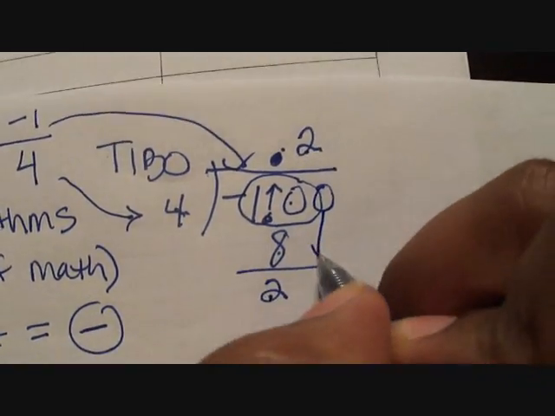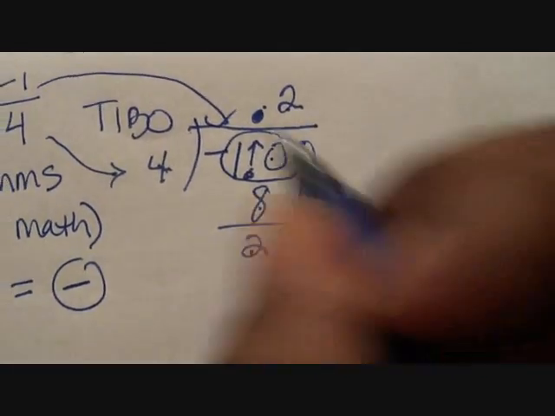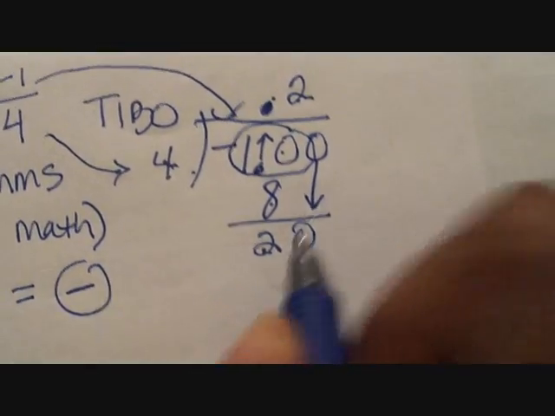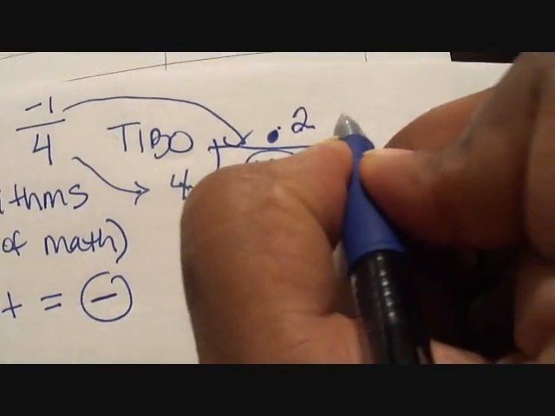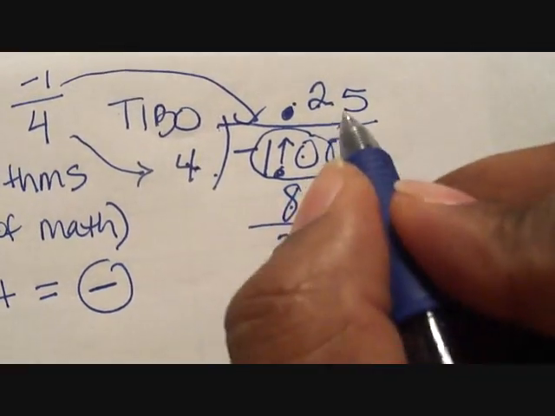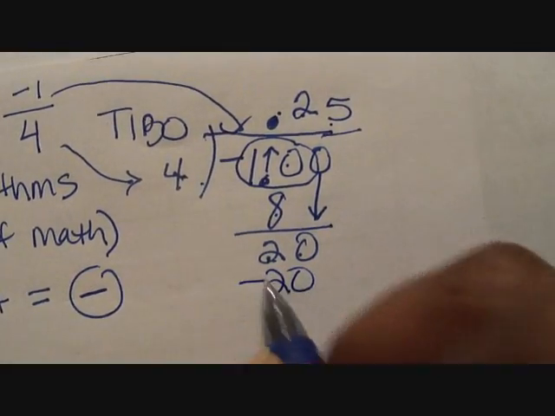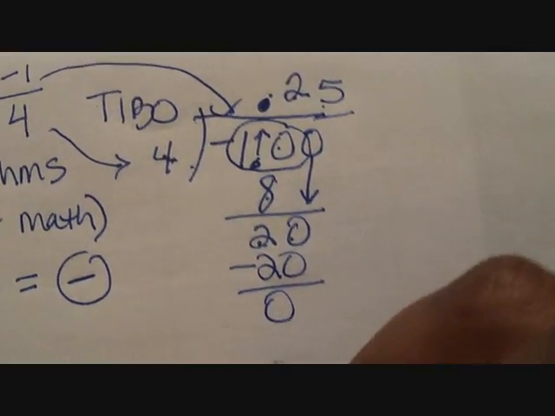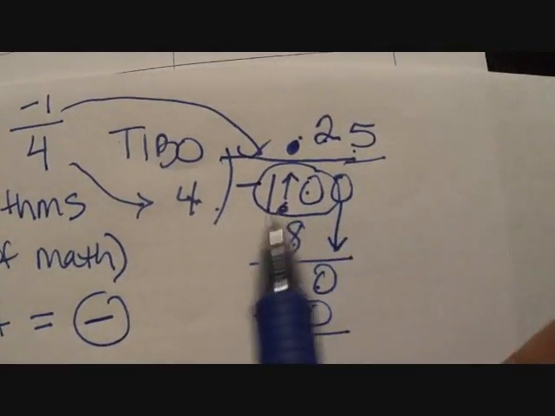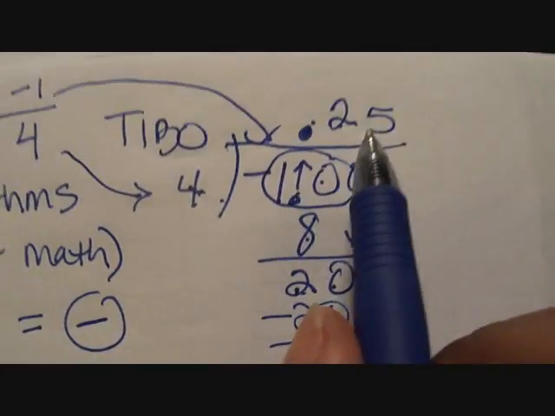Yes, bring another 0 down. 4 will divide into 20 5 times. 4 times 5 is 20. We subtract that and it leaves a remainder of 0. So we have converted this into a decimal.